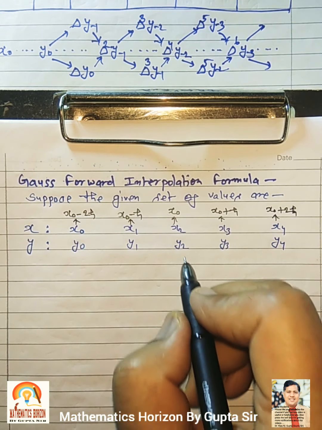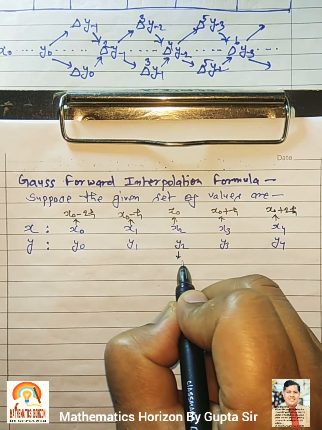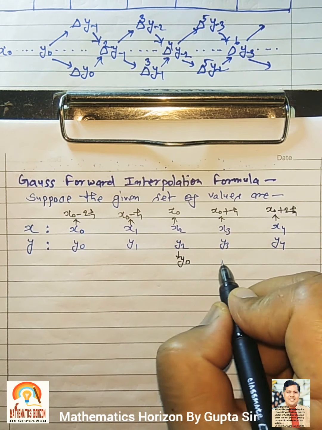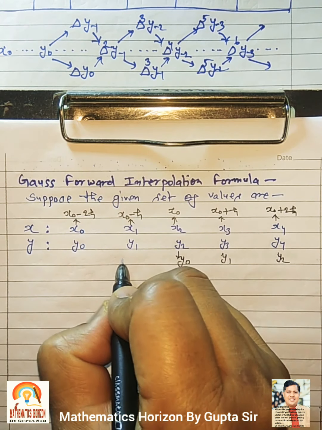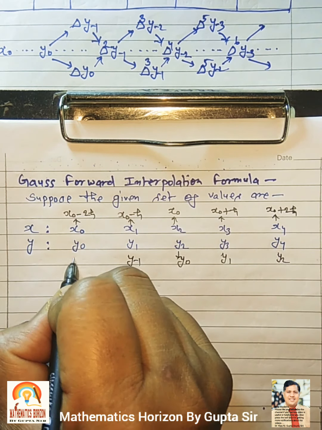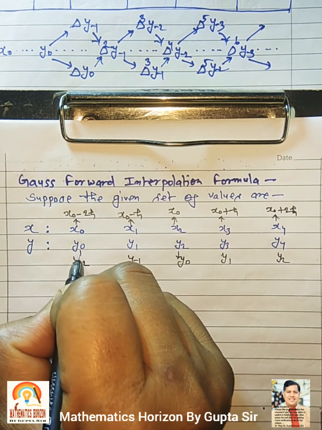And these are the corresponding values of y: y0, y1, y2, y minus 1, y minus 2.